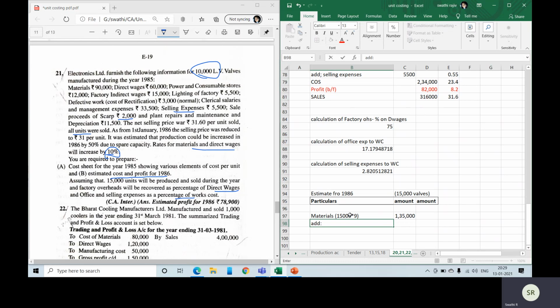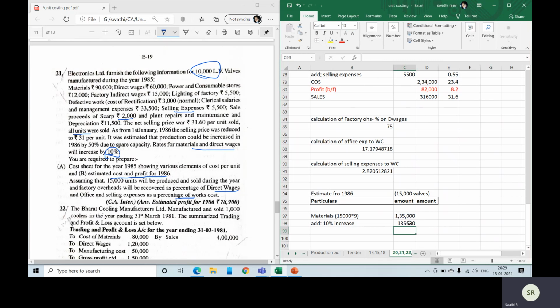What is the rate that we have out here? It is actually 9. So a 10% increase will make it 9.9. So we'll directly do the calculation: 1,35,000 plus 10%.